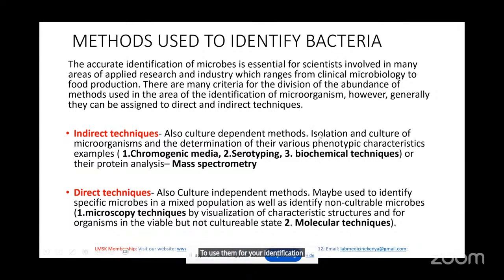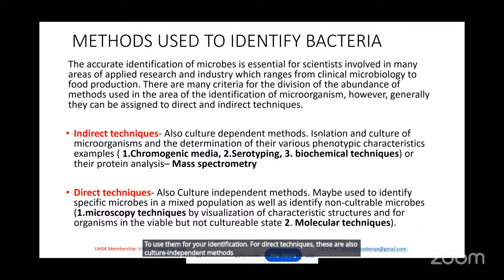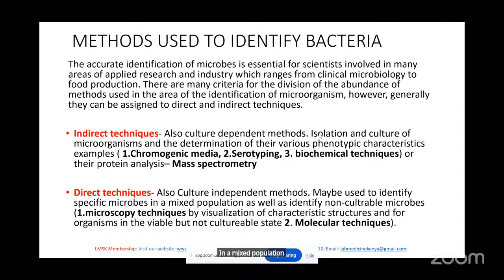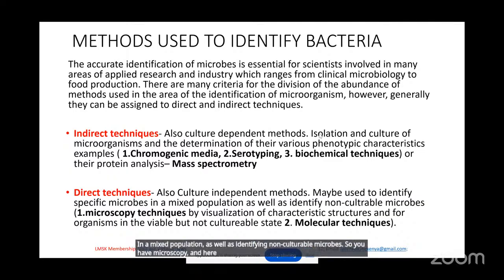Remember, indirect techniques will require you to conventionally grow the bacteria before you proceed to use them for your identification. Direct techniques are culture-independent methods. They may be used to identify specific microbes in a mixed population, as well as identify non-culturable microbes. So you have microscopy, and here I will also include molecular techniques. Microscopy techniques work by visualization of characteristic structures, and for organisms in the viable but not culturable state.